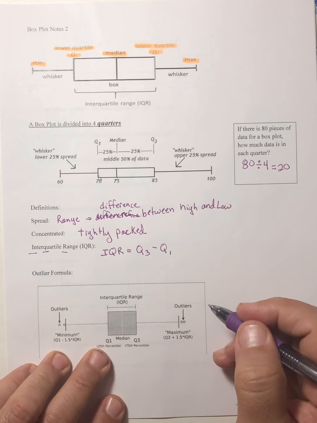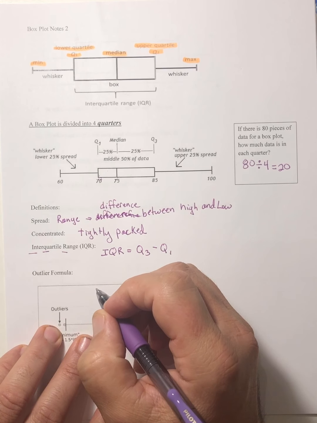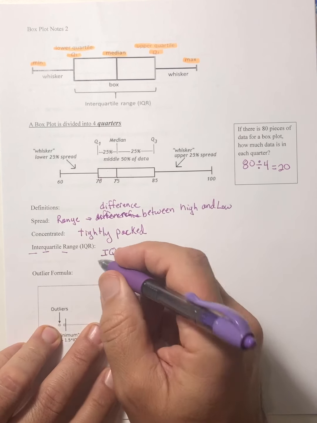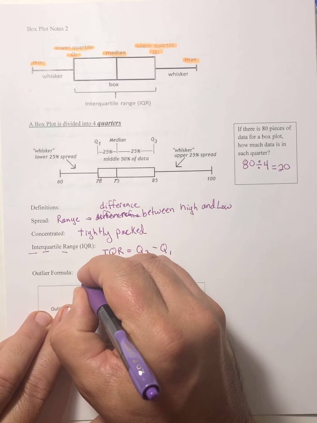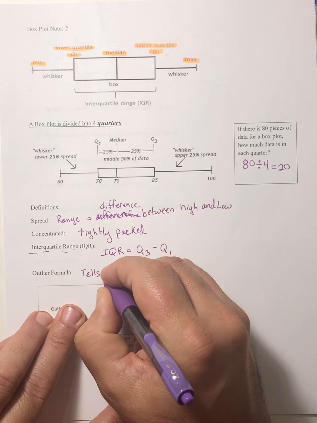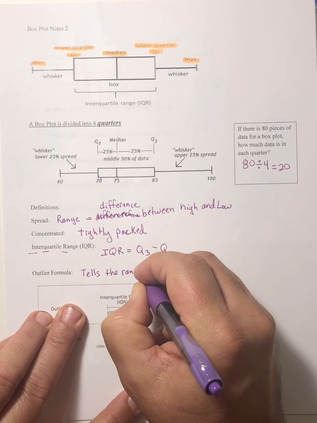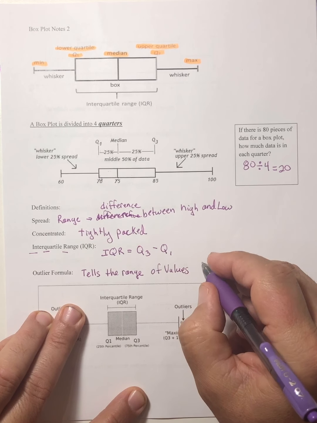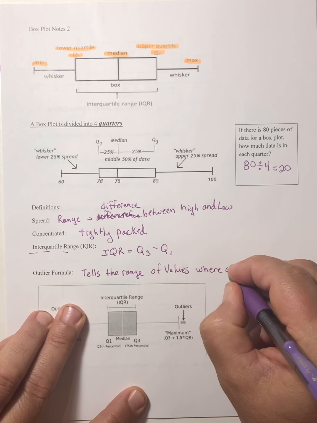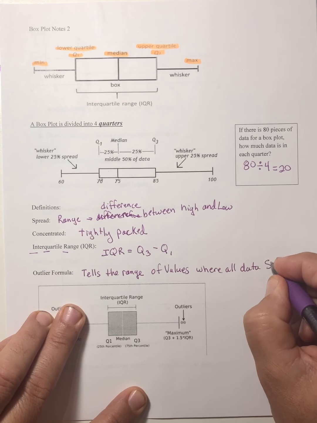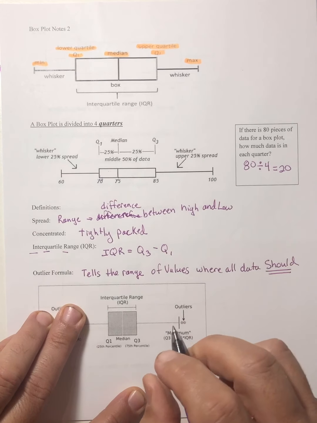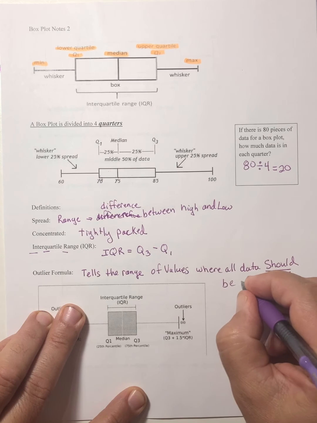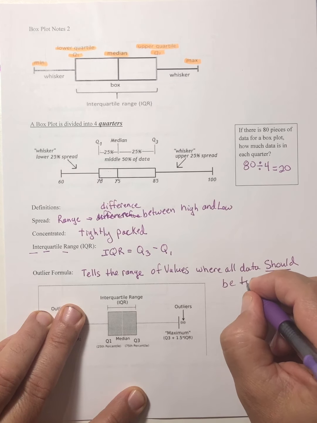It tells the range of values where all data should be between. And that's the key word: it should be between. If something lies outside of that, then it's called an outlier.